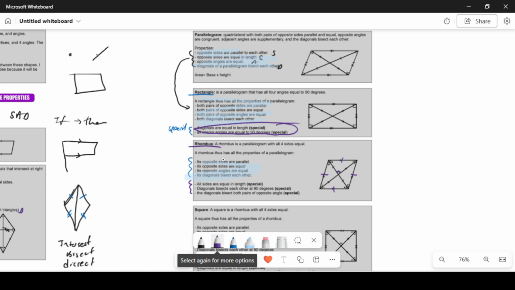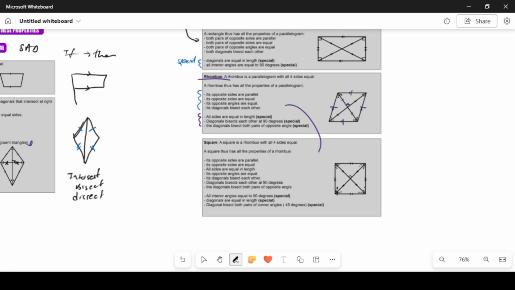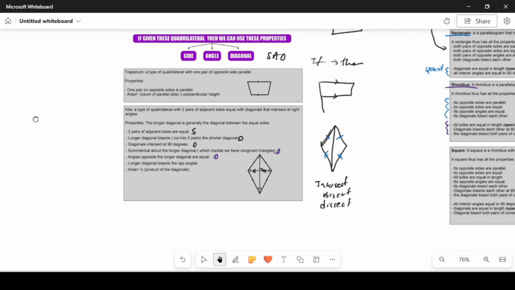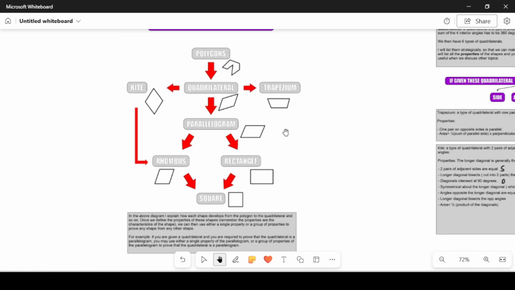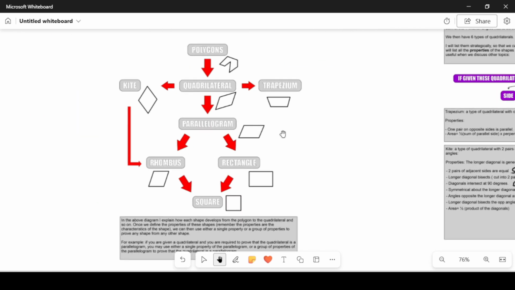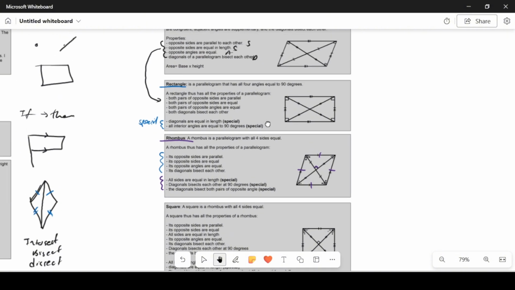And then you're going to learn what makes a rhombus different from a parallelogram. You're going to learn three more things, right? And then once you learn the properties of a rhombus, then you bring it all over here and you ask yourself, okay, what makes a square different from a rhombus? And then you're going to learn three more things. So you're not actually learning a lot of things when you understand how shapes are born and develop from other shapes.